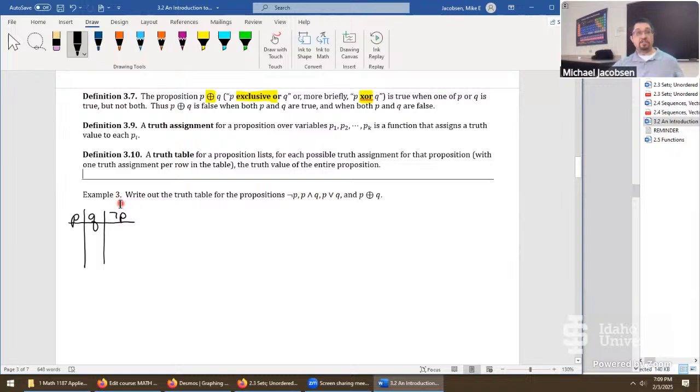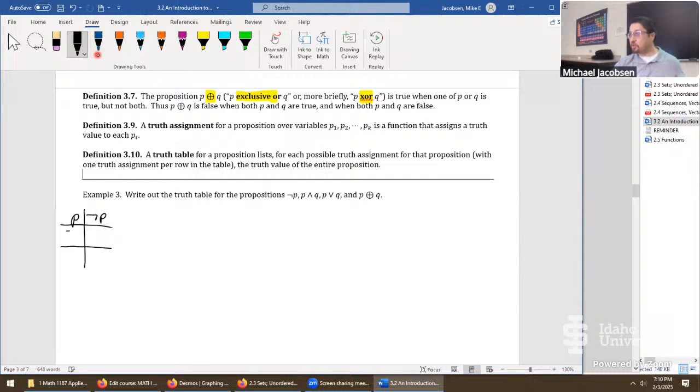Next, we think about what not P does. Excuse me, I put too many columns in here. I was thinking P and Q as in these other ones, but it should have been written out this way: P, not P. I forget that the not operator just takes one input.